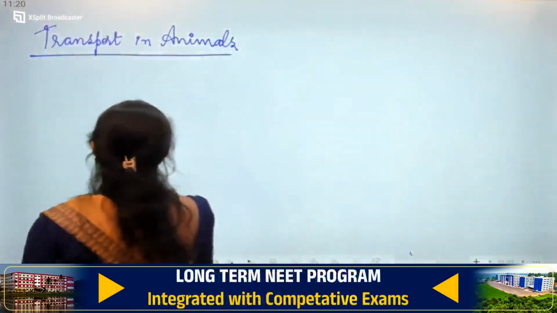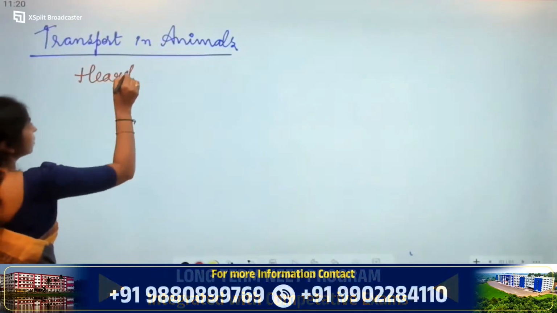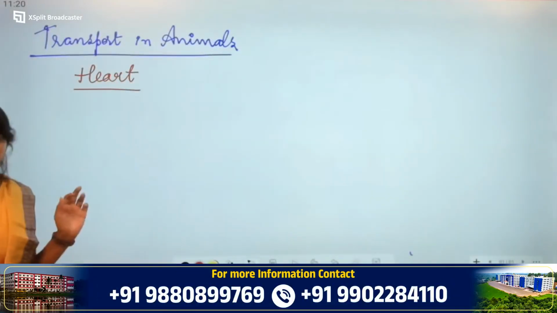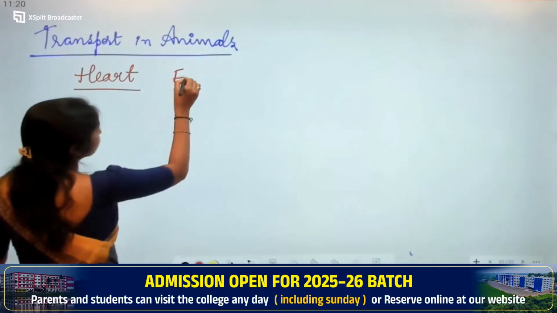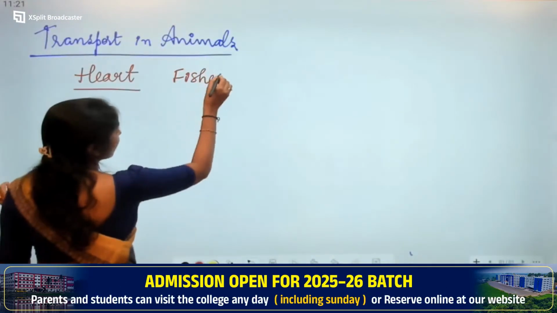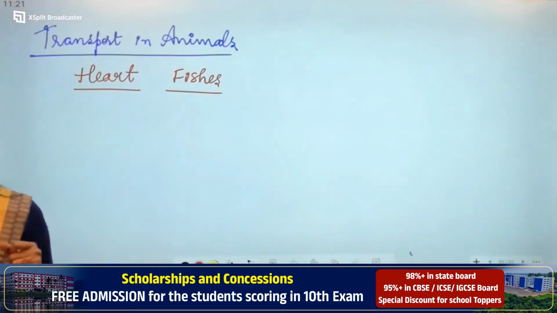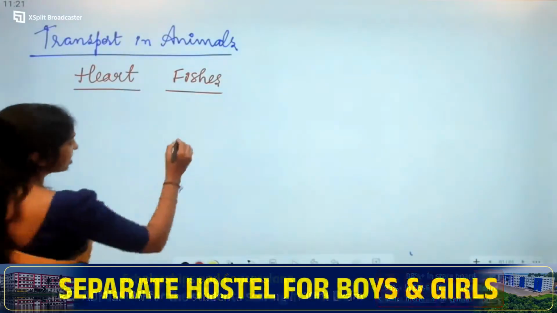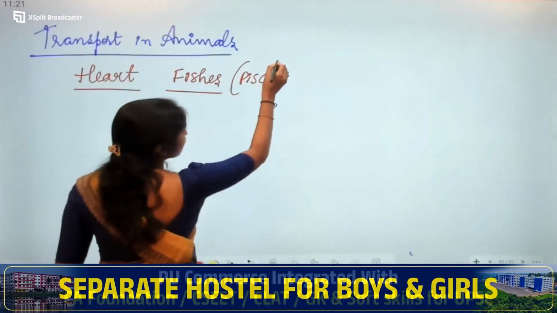Now when we say heart in the vertebrates, the chambers of the heart are different in different animals. If I say fishes, first I will explain this so that it becomes easy for you to understand the later concept. First, fishes, or you can say Pisces. You have studied about the diversity in the living world.